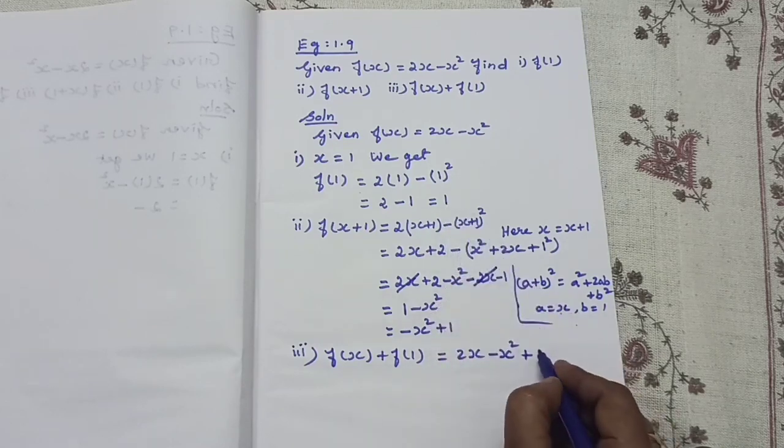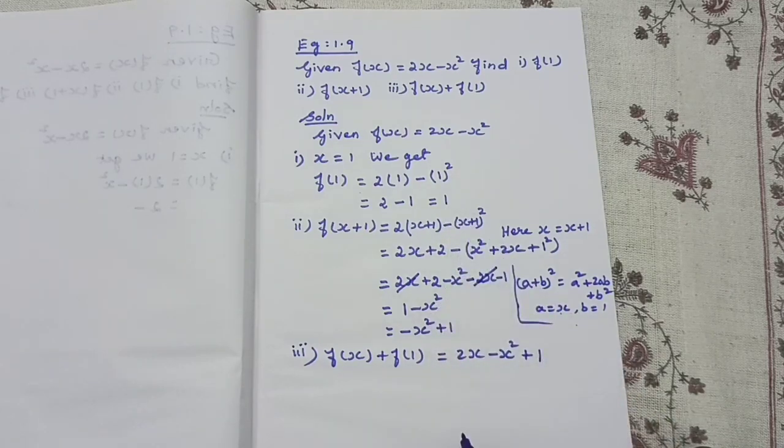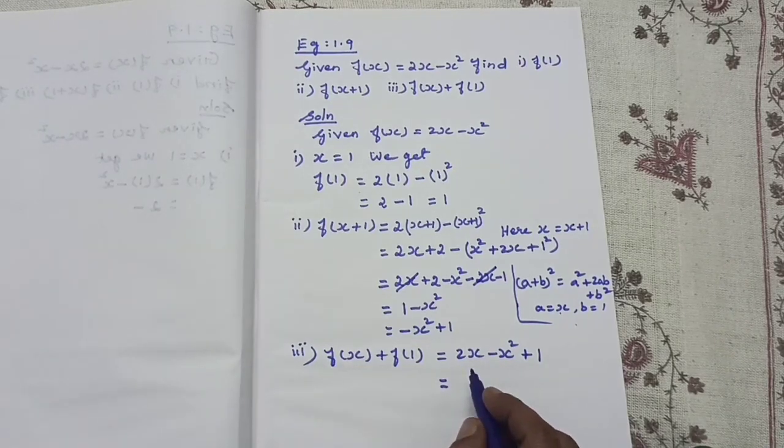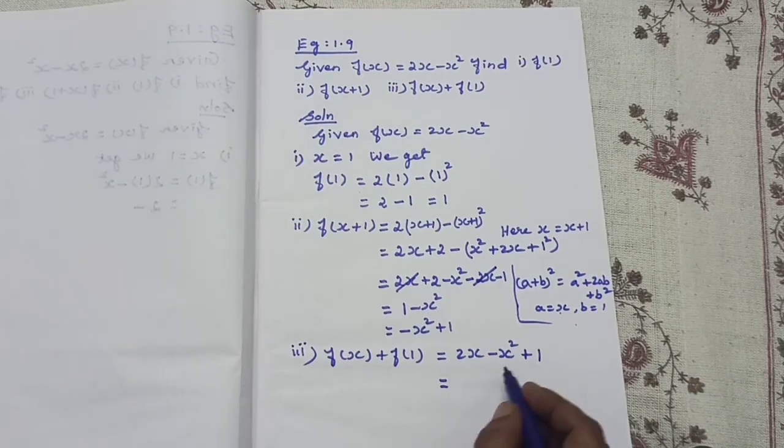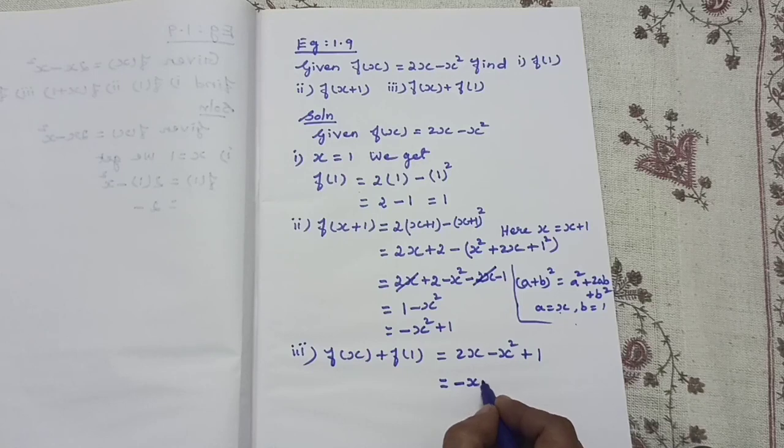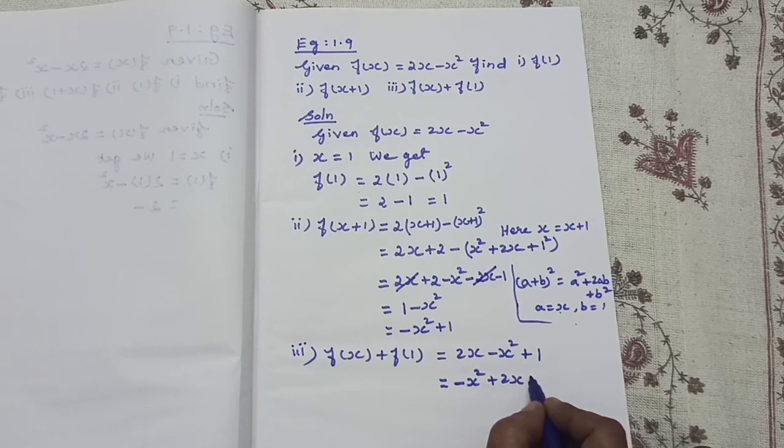That 1 we have to substitute here. Okay. Then we have to arrange the descending power. First we have to write this minus x square. Then afterwards x term 2x, then constant term. Order wise we have to write x term, and constant term.